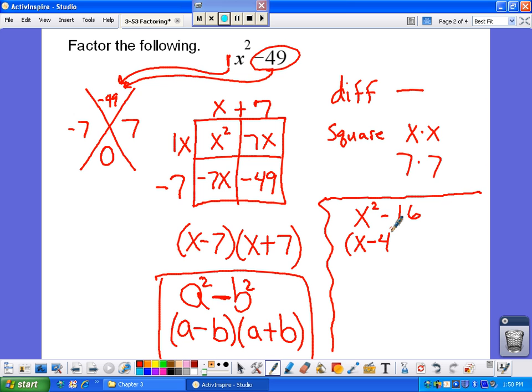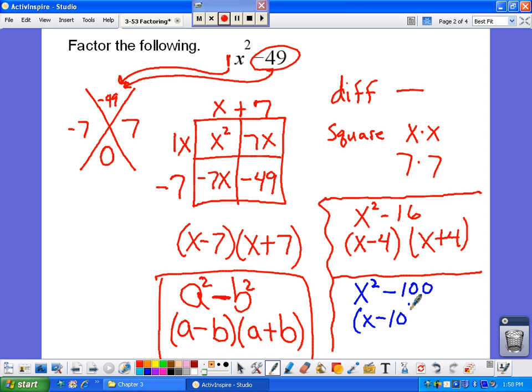So x minus 4, x plus 4. And then I could try this again with another problem: x squared minus, I don't know, maybe minus 100. Is that a difference of two squares? Yeah. x minus 10, x plus 10.